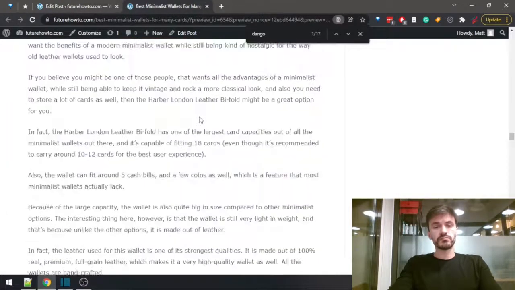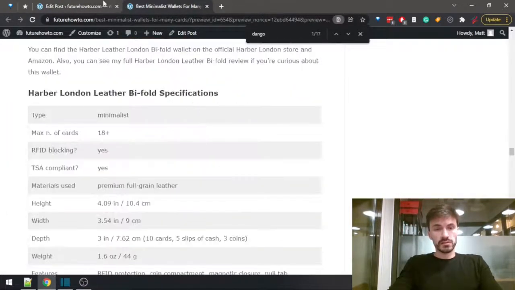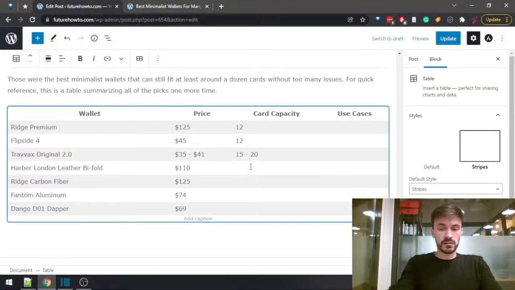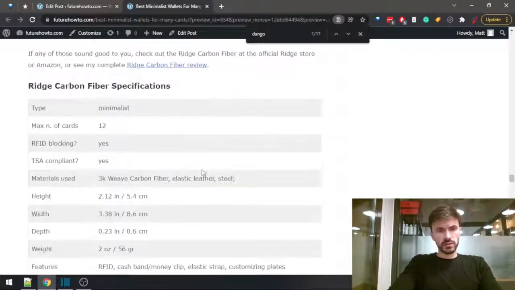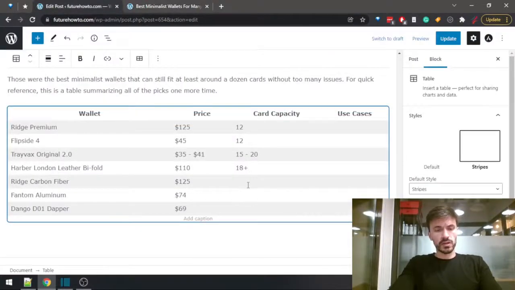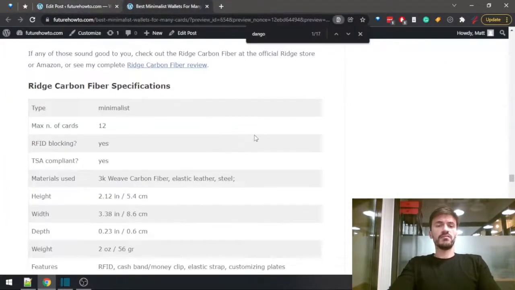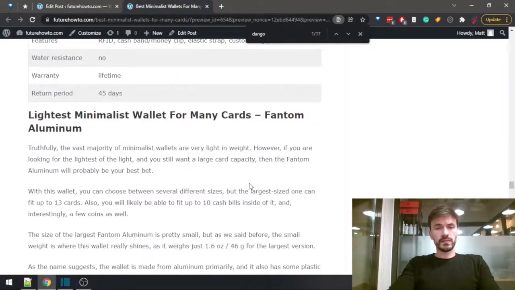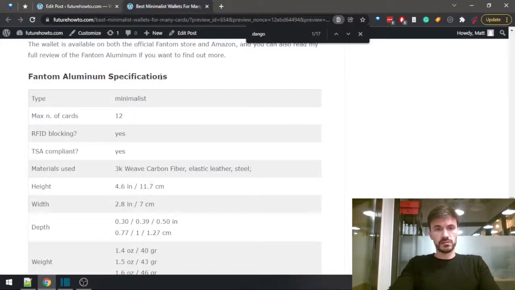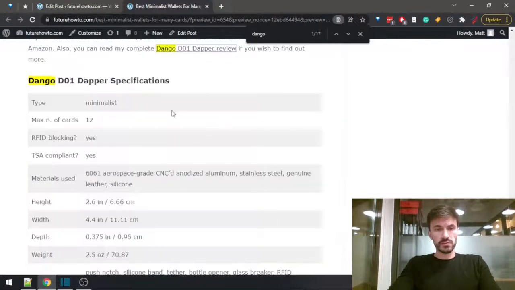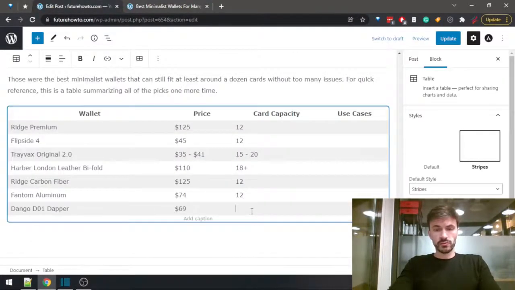Now Harbor London, that's 18 plus. Ridge Carbon Fiber, I think this is gonna be 12 if I'm not mistaken. Okay. Phantom Aluminum, that's 12. This is the same as Phantom S, just so that you don't get confused. And the Dangle is also 12.